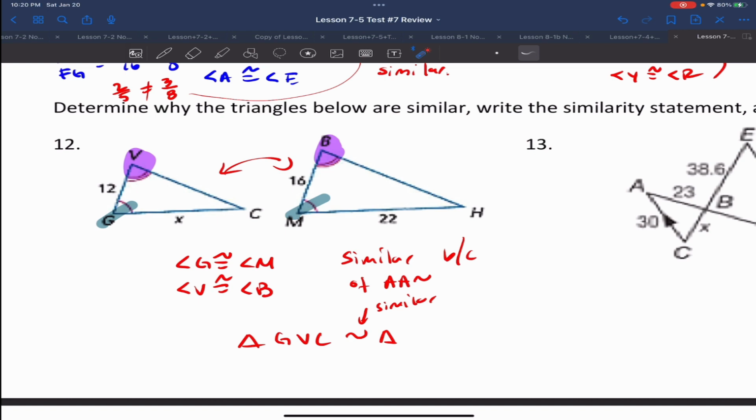You have to write it in order of correspondence. So what corresponds with G? We said M. So M. What corresponds with V? We said B. So that means that C has to be corresponding with H.